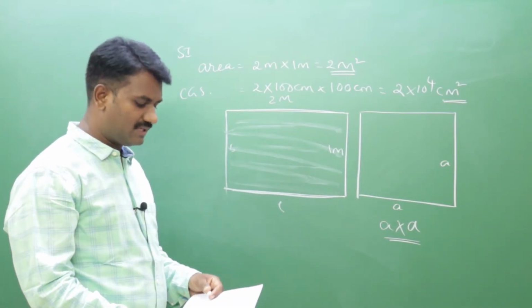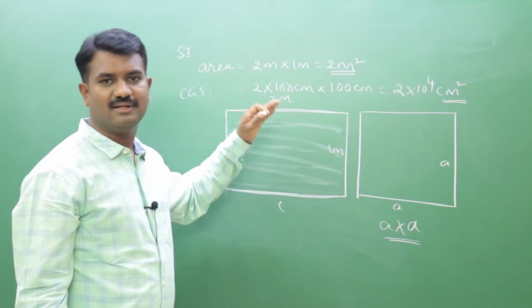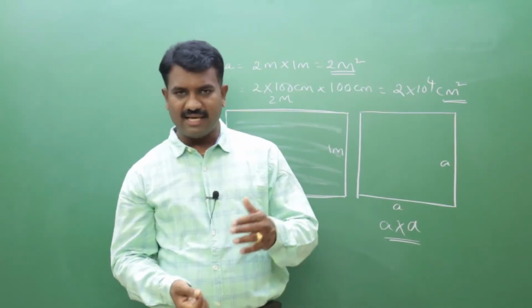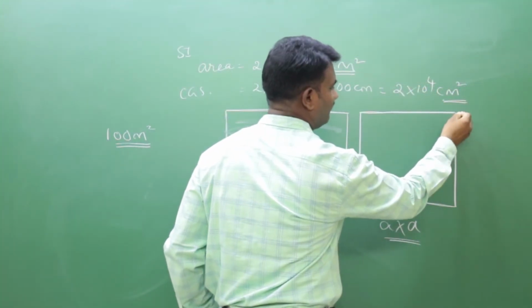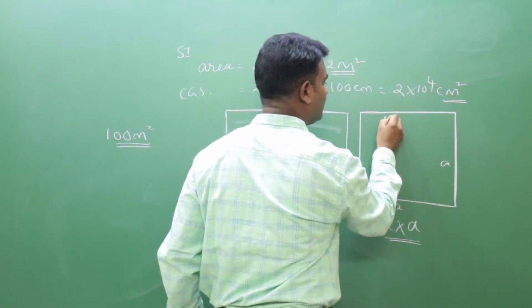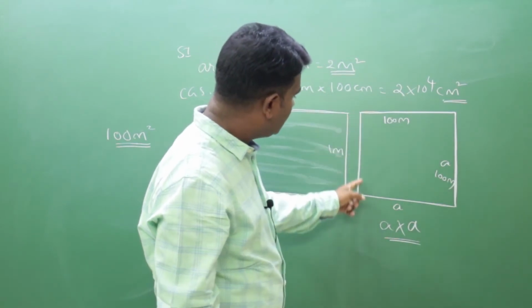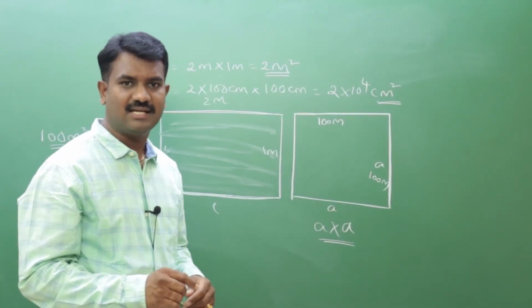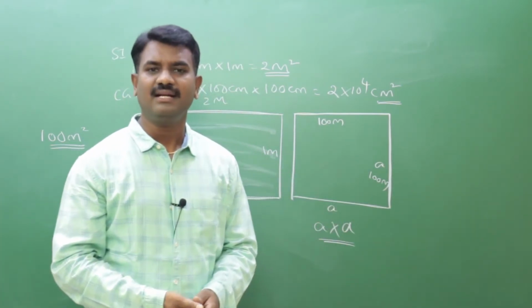That's all. So this is how we can simply convert areas from SI to CGS, or even convert from CGS to SI, or any one system to another system. Is it clear? If the area is larger, for fields, they measure the area in terms of hectares. What is a hectare? If the side of a field is 100 meters, then the area of such a field is called 1 hectare.